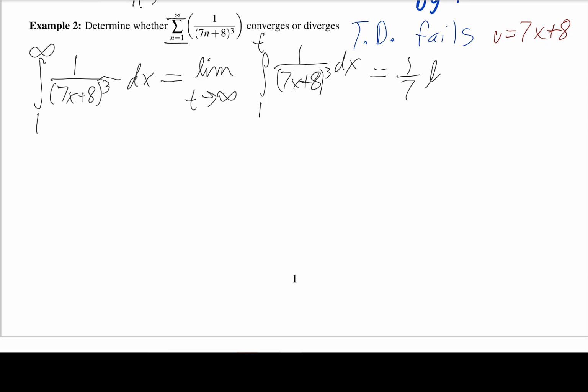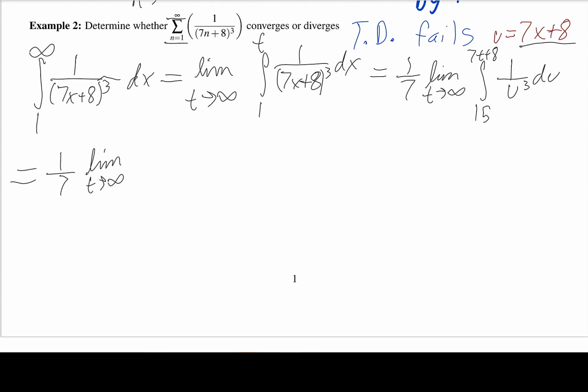And so that'll change this into 1/7 times the limit as t goes to infinity of the integral. We have to remember to change our limits, so we plug in 1. That'll give us 15, because 7 times 1 plus 8 is 15. Plugging it in up here, we'll also get 7t plus 8. And then in here, we should have 1 over u cubed du. Right, and so now I'll work on actually integrating this. So I've got 1/7 limit as t goes to infinity.